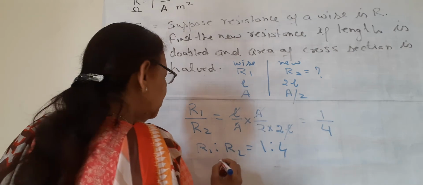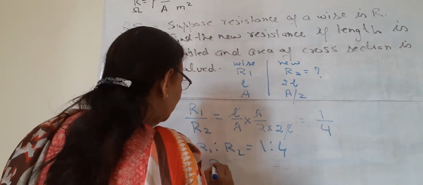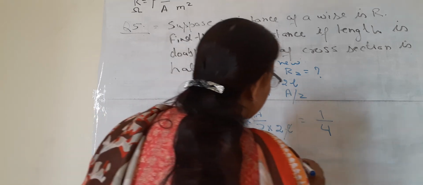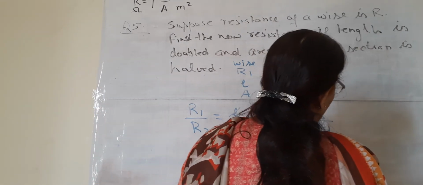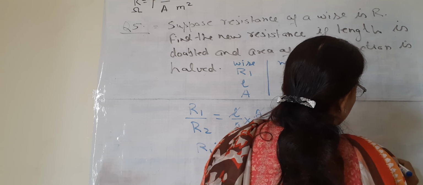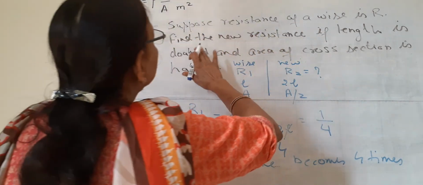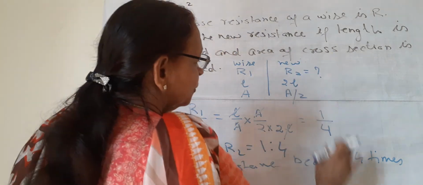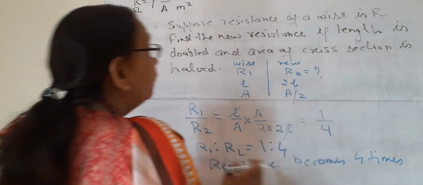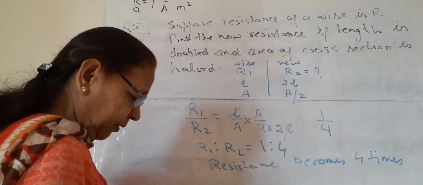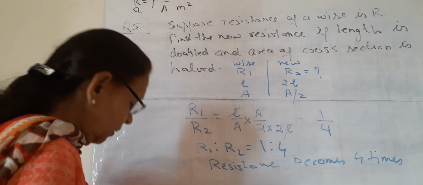Now the resistance becomes 4 times. So this is the answer. What is the new resistance? The new resistance will be 4 times the original resistance. So this is the answer of this question.